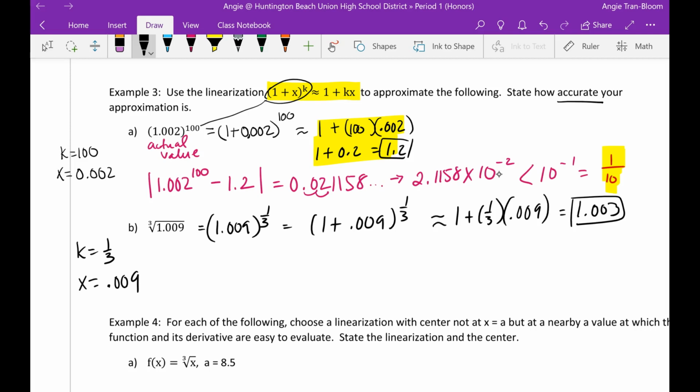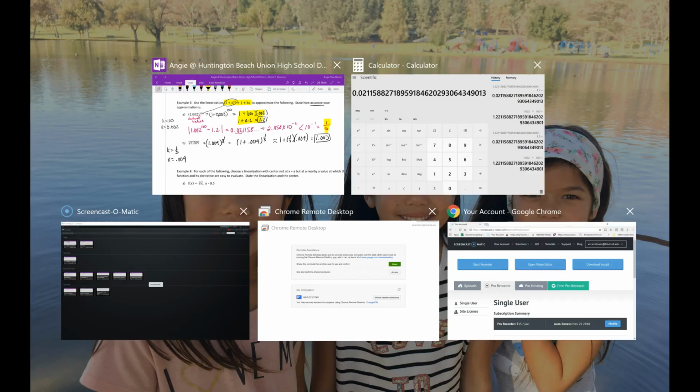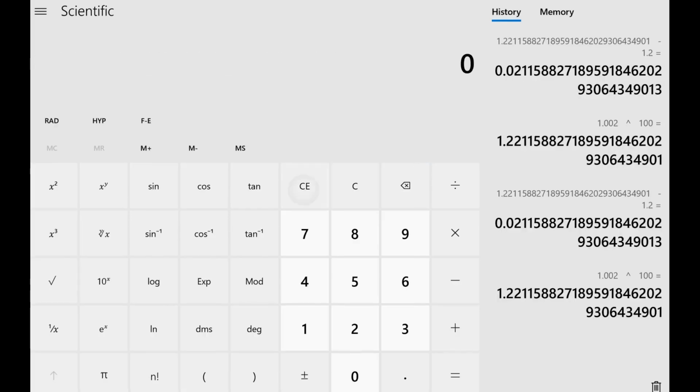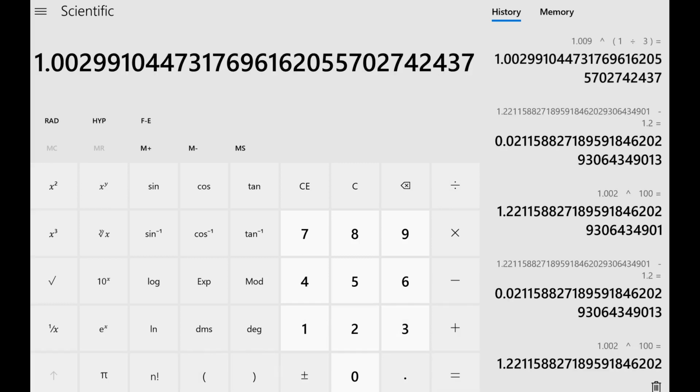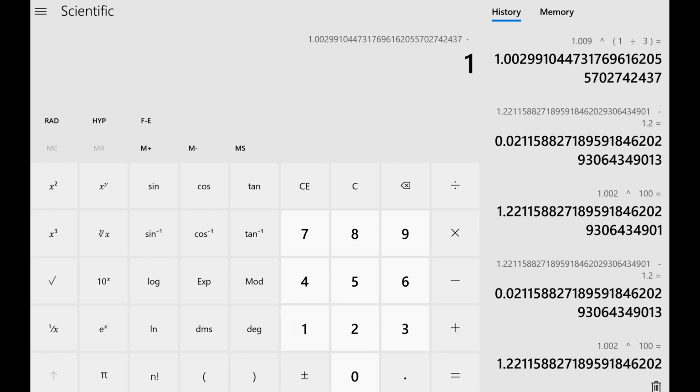Now I'm going to need the calculator to do 1.009 to the 1/3 power to see the difference, and then subtract it. Clear. 1.009 to the power of 1/3, parentheses, 1 divided by 3, close that. Okay, so 1.0 and then minus 1.003.